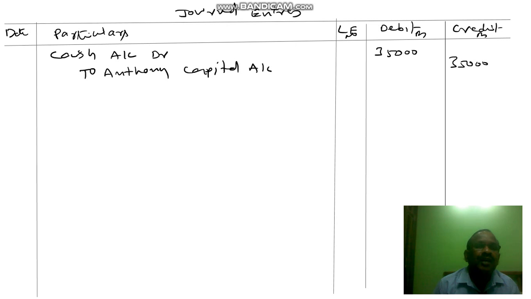Students, here the narration will come with the capital. There is no need, you already know how to write the narrations. In all the general entries I will write only the entries, so you understand the narration from them. And Anthony brings capital of 35,000 and goodwill.